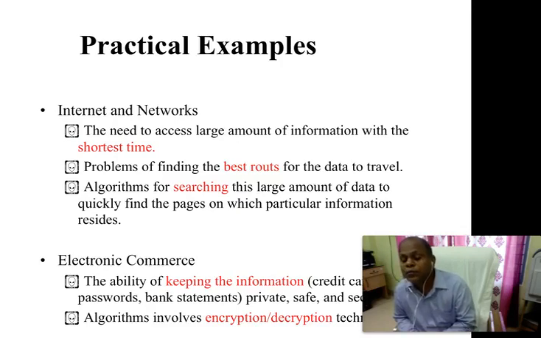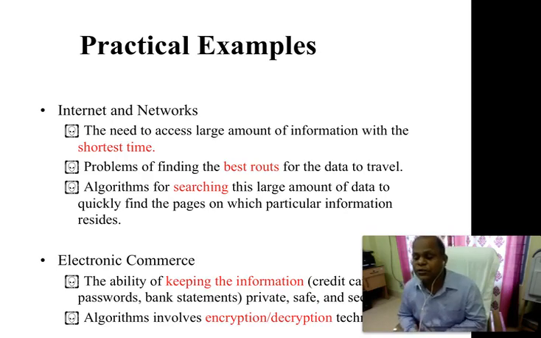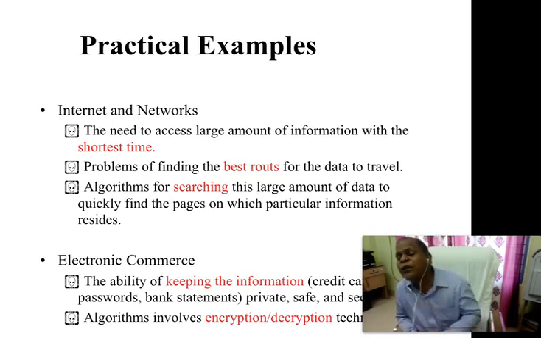Suppose your data is traveling along a long path, then it will take a long time, whatever your processing or internet speed may be. Hence, what happens? You want to design algorithms so that, out of the different paths, the data traversal happens along the shortest path or shortest route.